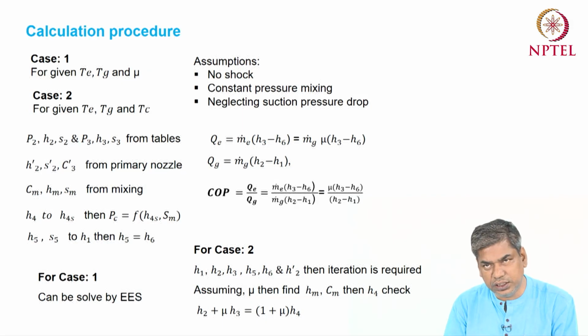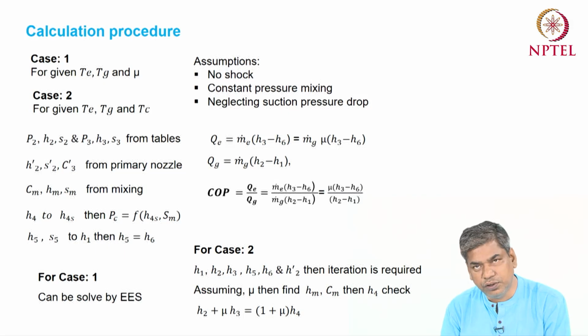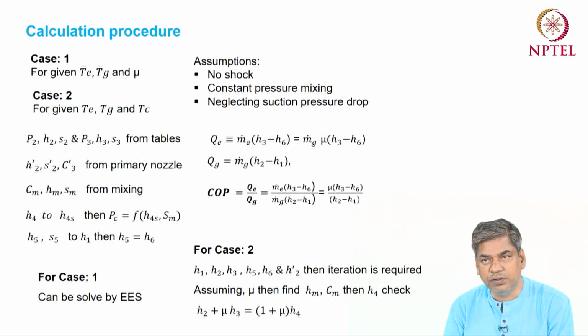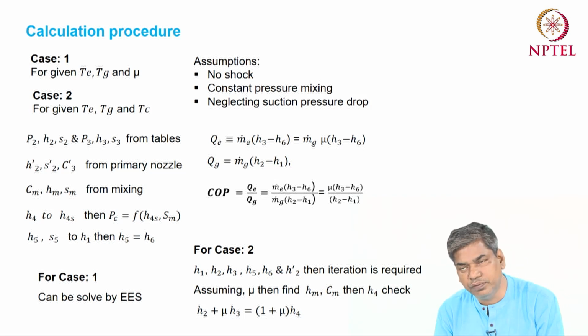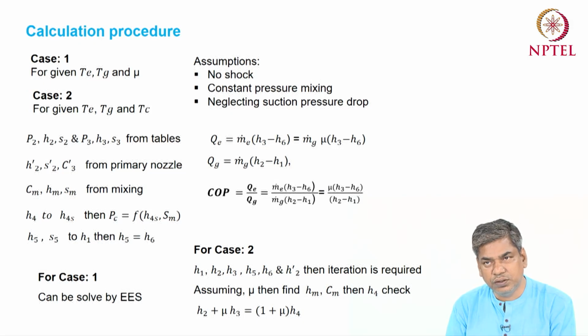Okay, and in the second case, before the calculation for the ejector we can assume some value of mu, then we can calculate the outlet condition of the diffuser. Then we can change the mu.